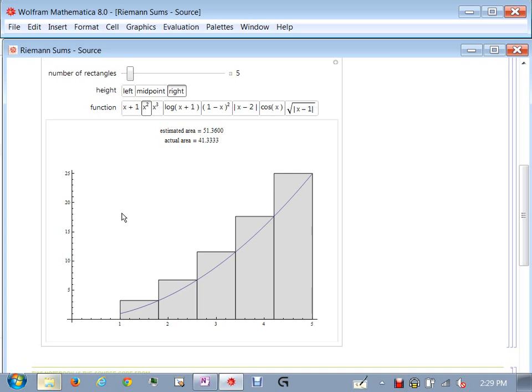What I've done is I've cut up this interval into, what, 1, 2, 3, 4, 5 equal sections, right? And when I've done it, I've gone to the right endpoint, I've gone up to the curve, and I've created a rectangle. On the next one, I've gone to the right endpoint, up, rectangle, right? Next one, same thing. What happened here, though, because of the shape of the curve, is an overestimate. It's too much area, right?